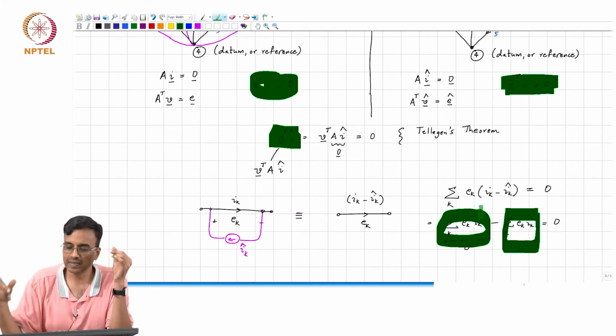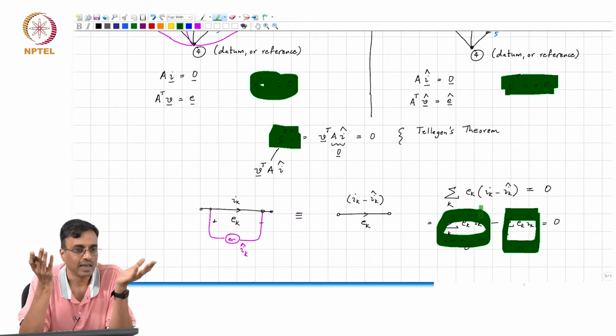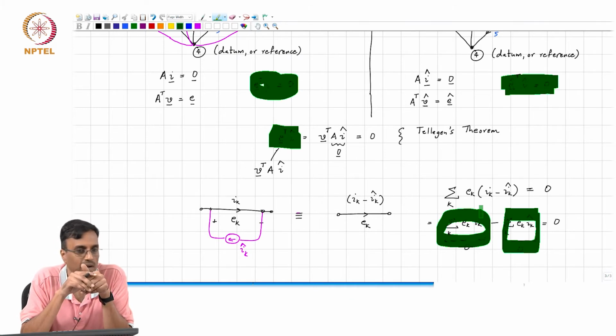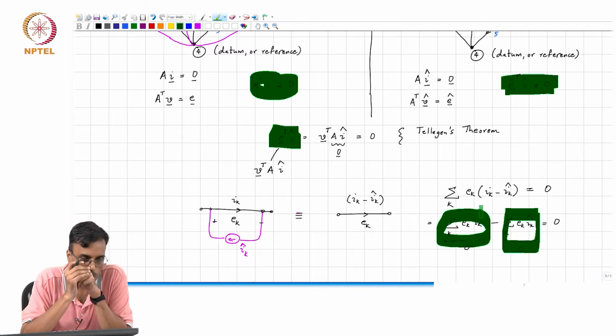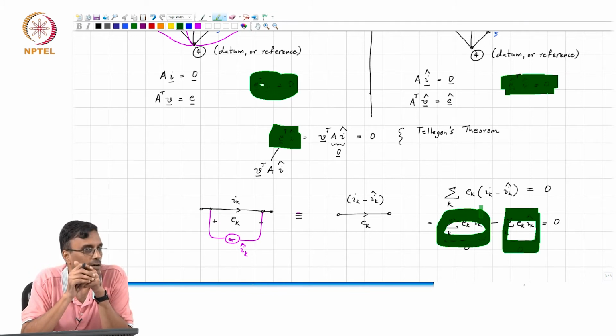So, Tellegen's theorem is basically a statement of instantaneous power conservation, and that is physically appealing because at any instant of time, if the total power consumed in some branches were not exactly equal to the power generated in other branches, then we would not all be sitting here, we would be selling power. There would be a way of making more energy than you dissipate.